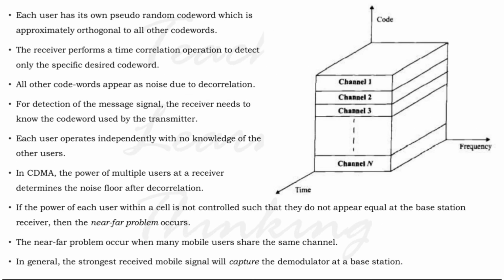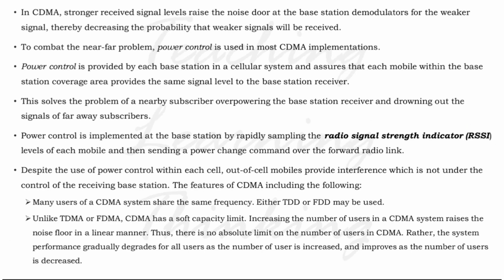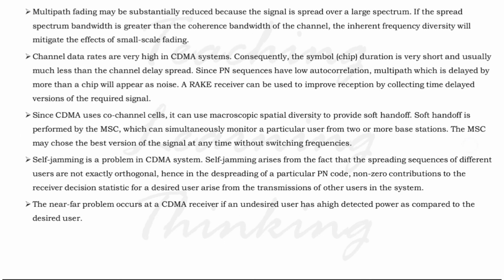Also, when you are studying, refer to the previous videos about FDMA and TDMA. Now we have completed the CDMA part, and in the next section we will continue with the next part of SSMA classifications.